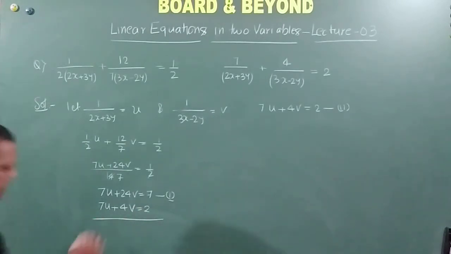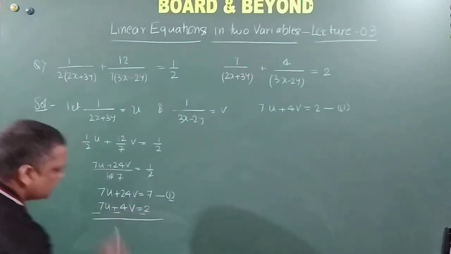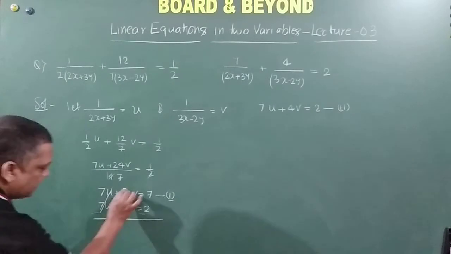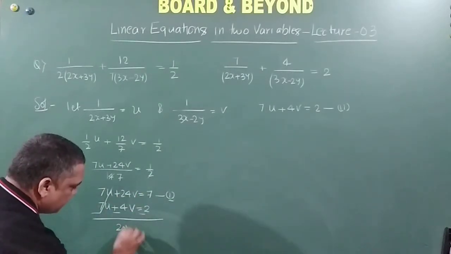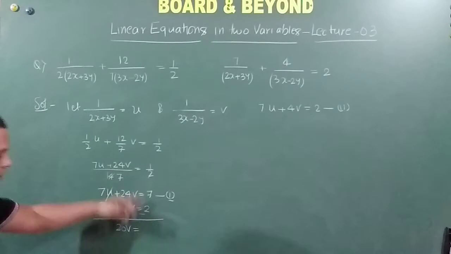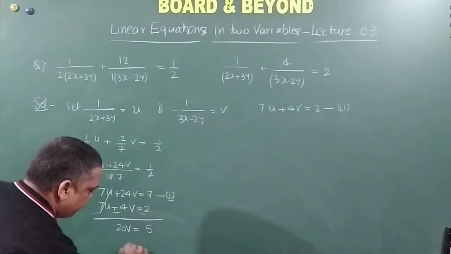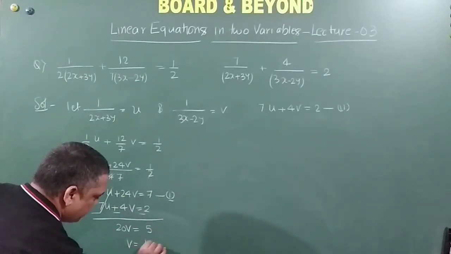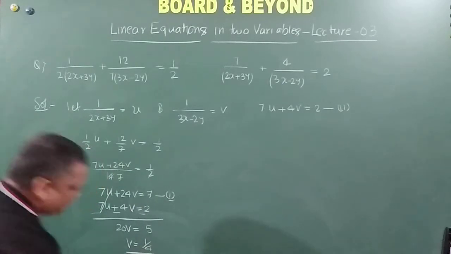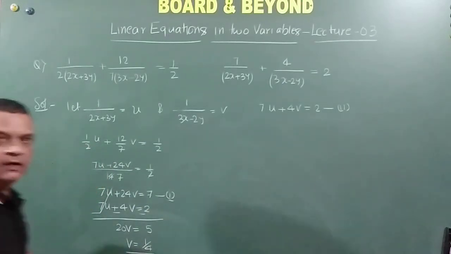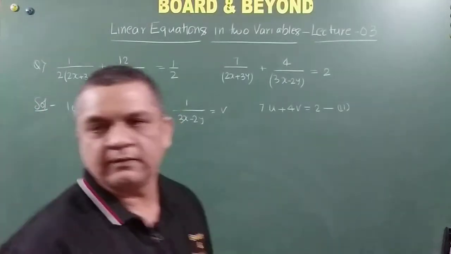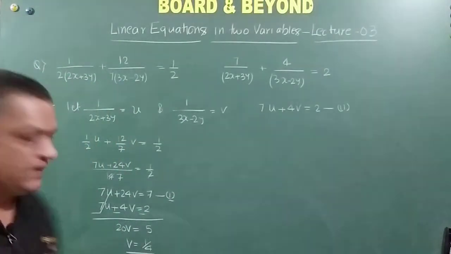When we subtract, this and this get cancelled, and this becomes 20v is equal to 5. So v is equal to 1 by 4.